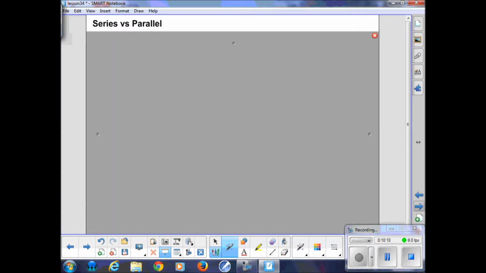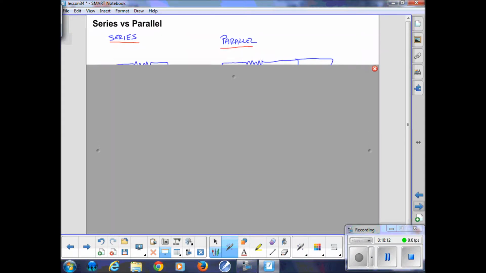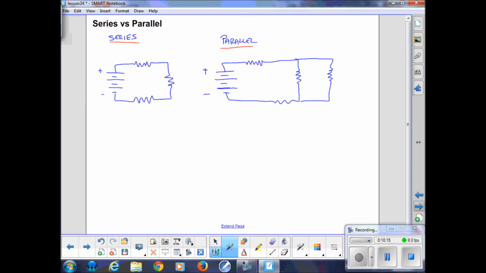And we have series versus parallel. So here are the two different pathways. Series means that everyone goes on the same path. I can't stray from the path, so each and every electron follows the same pathway. Parallel, I could be an electron that follows this pathway, and my buddy, my partner electron, could have done this pathway.